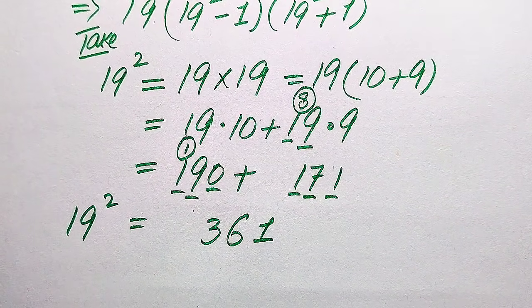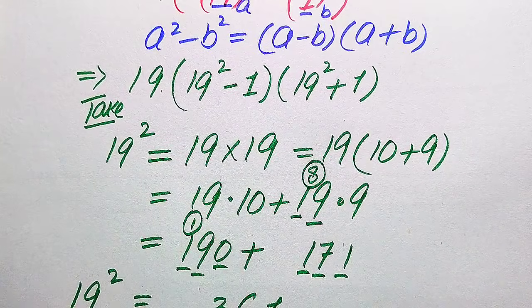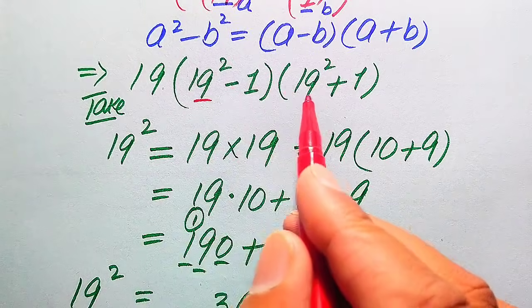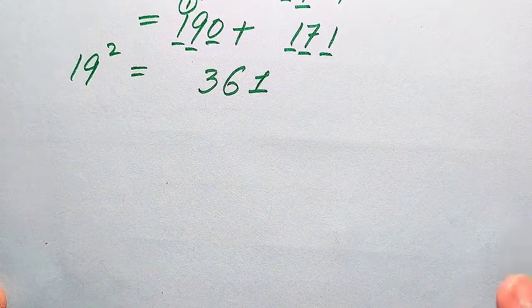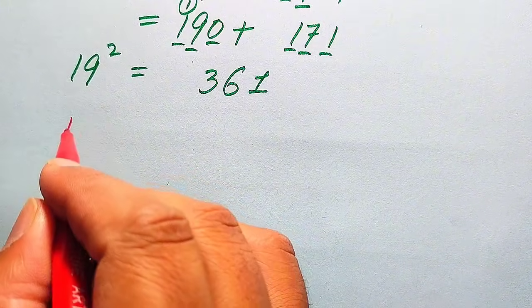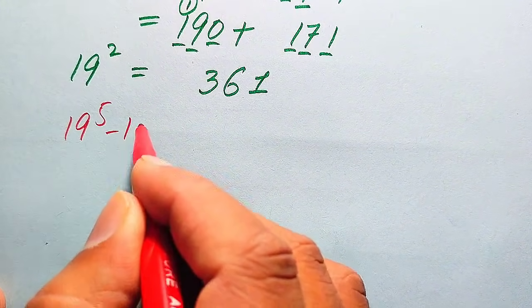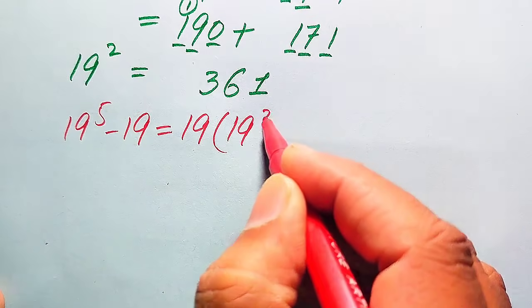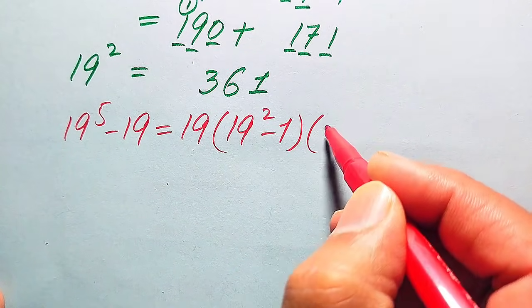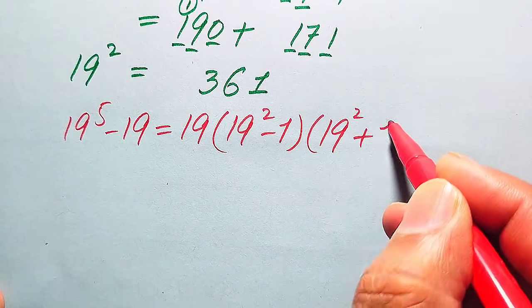So it means that 19 square is equal to 361. And now in the next step we move backward and we substitute this value of 19 square in both of these places, so our above expression is copied down here. So we have 19 to the power of 5 minus 19 is equal to 19 times 19 square minus 1 into 19 square plus 1.